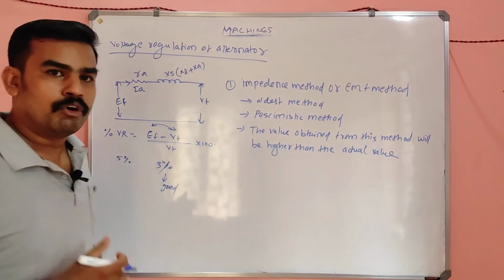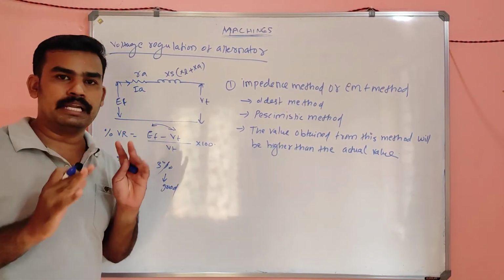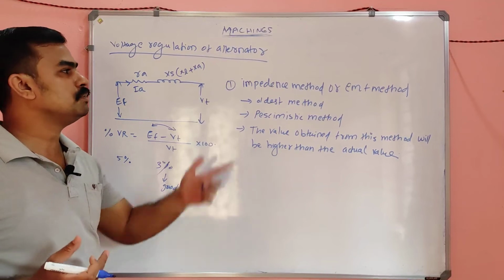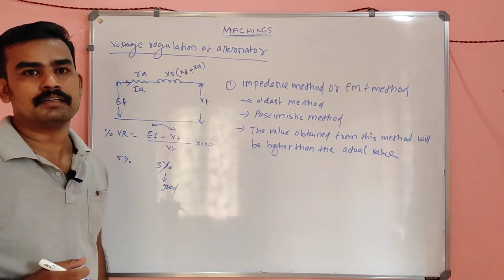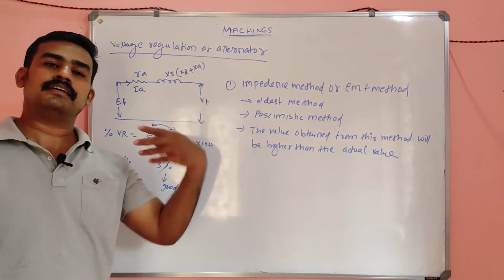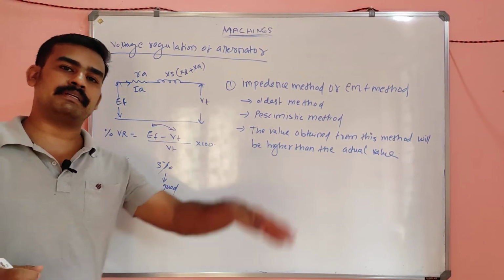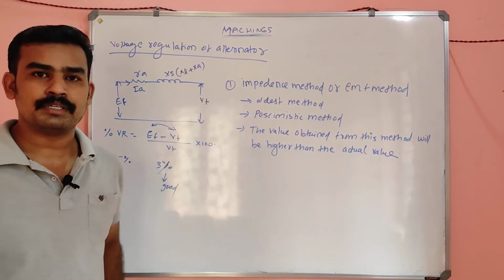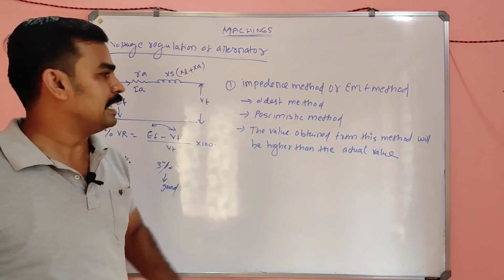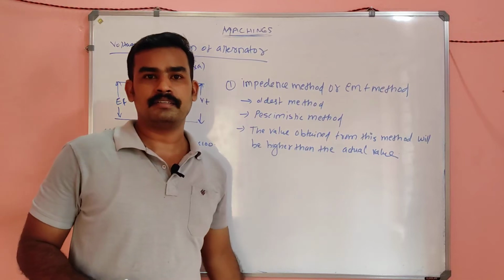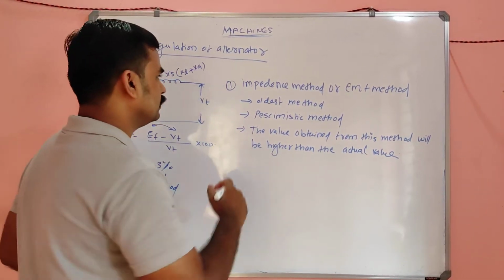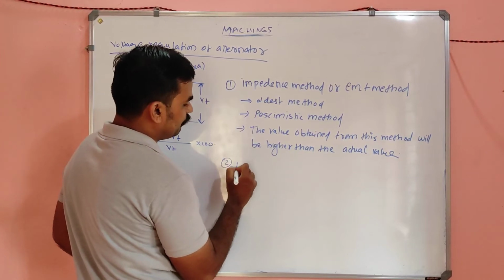For example, suppose the machine has an actual regulation of 5%, but when you measure the regulation using the impedance or EMF method, you will get 8 or 10%. It is higher than the actual value, and if the regulation is higher, it means it's a bad system. So this is a bad method. That is why it is called a pessimistic method. Pessimistic means no hope in that method. The second method is called the MMF method.